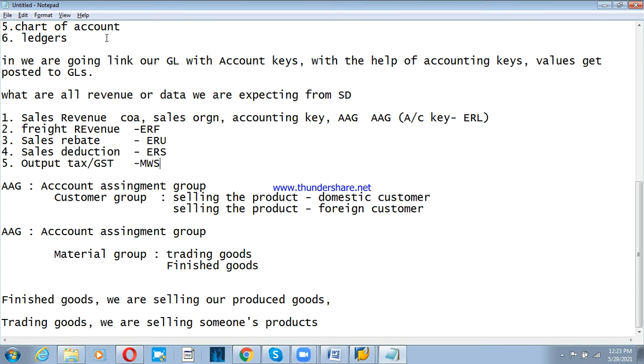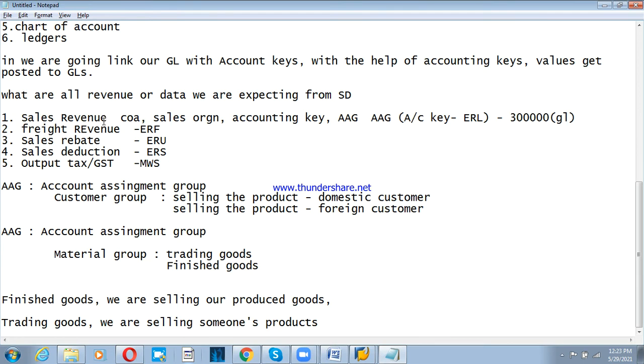Assume that for the sales revenue account, for this ERL, I'm going to assign this GL to the revenue account. Whenever any sales happens, with the help of the accounting key, that value gets posted to this GL.